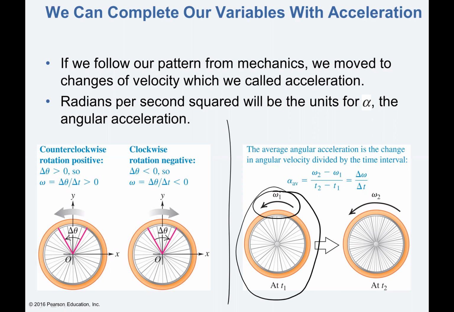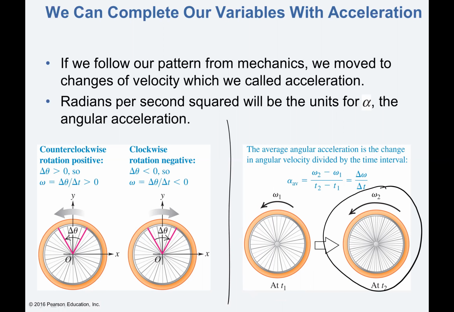Okay, so for example, that omega 1 is at time t1. How about at a later time? So this is the later time, right? You are given omega 2 with a longer arrow. Well, what it means here is that omega 2 is greater than omega 1 in terms of its magnitude.